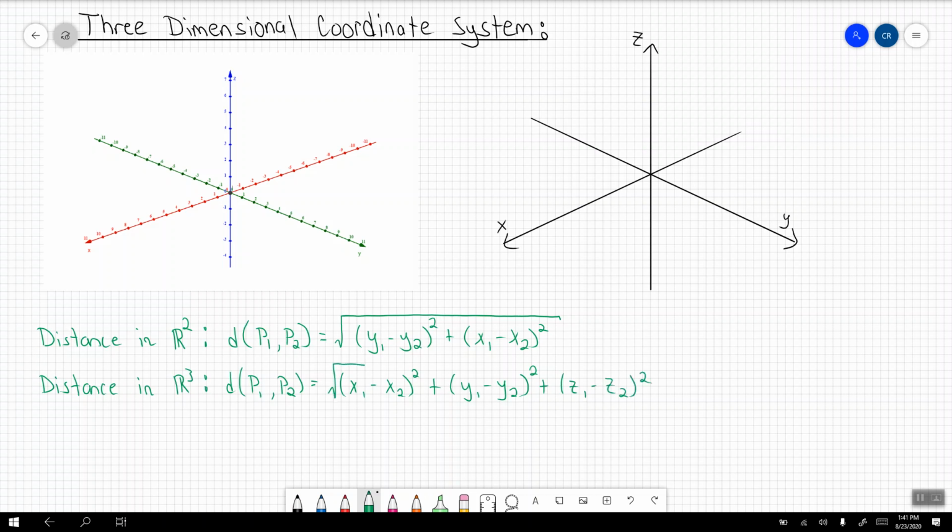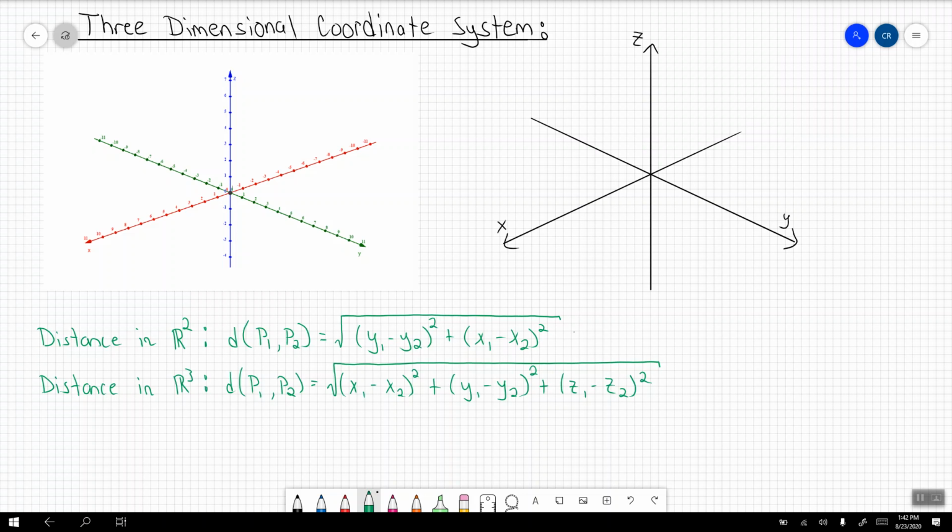So notice the only difference that we really have here is that we're adding this new component, which is going to be the difference that's going to be calculated by that third component, which will be the difference in the z values. Now, these distances can be thought of different ways.